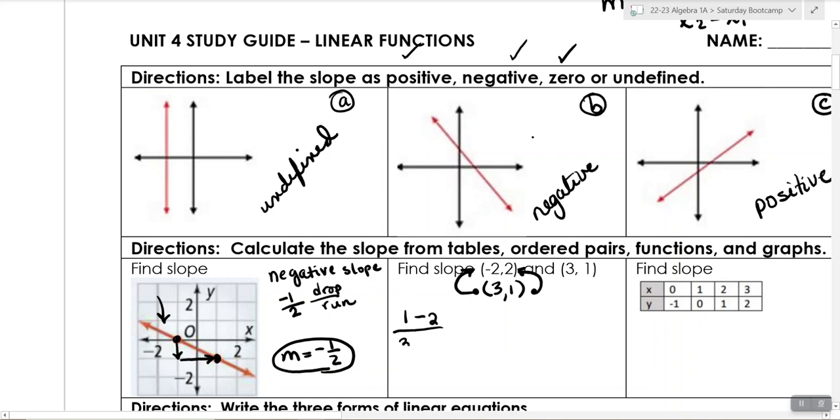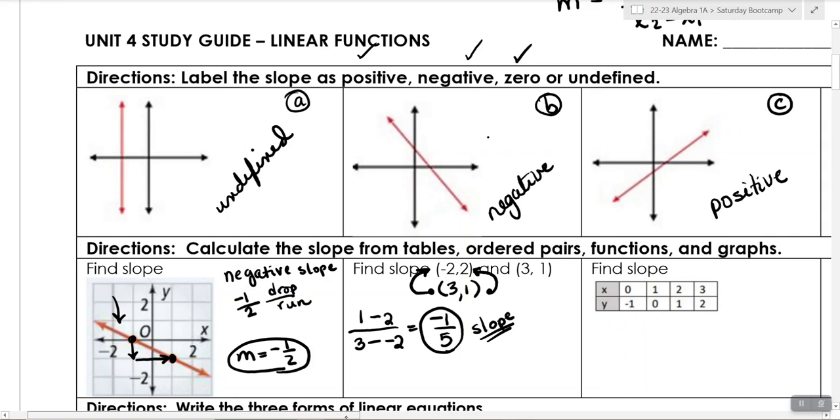So it's 3 subtract -2. All right, so using your decimals or your calculator, when you do this, you'll get -1 over 5, so it's just -1/5. So if you don't get this in the calculator, you're probably not typing it in correctly. Make sure that you ask for help on that.